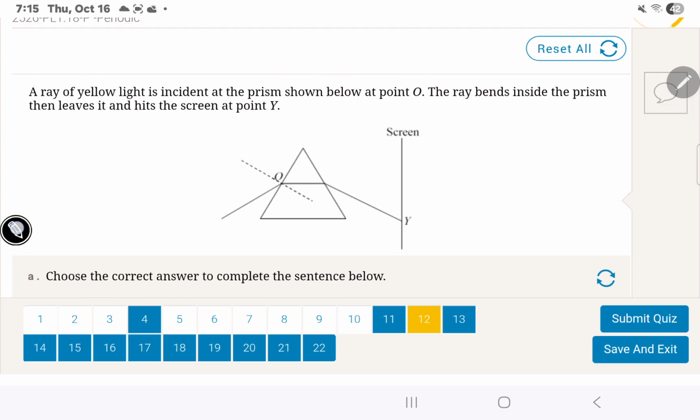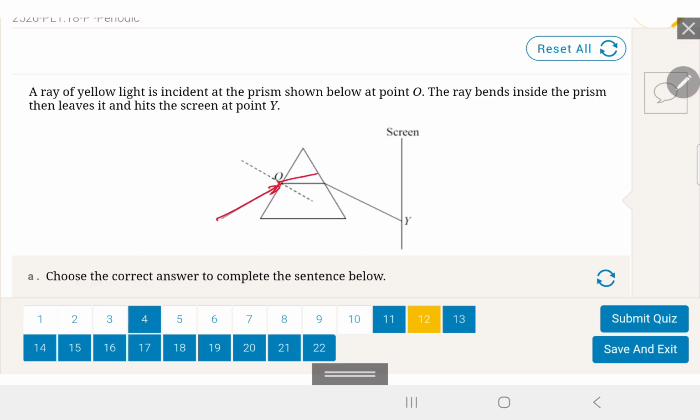Because remember, when the white light comes like this, it will disperse, giving you Roy G. Biv. Red, orange, yellow, green, blue, indigo, violet. You can notice easily that the red is at the top, violet is at the bottom, and then the other colors are in between.